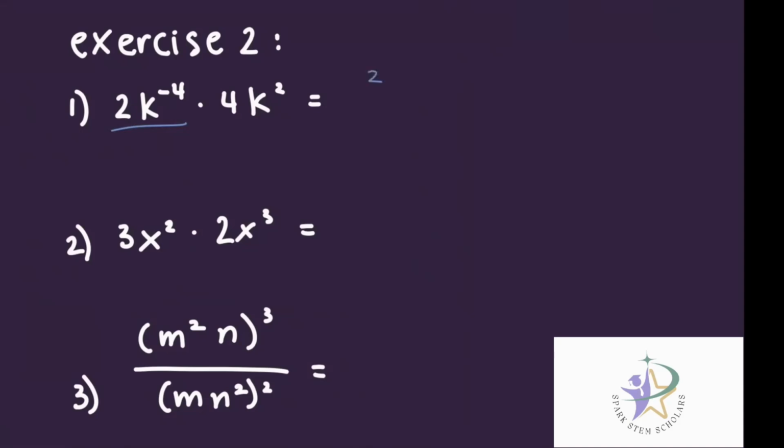So since 2 is non-negative, it's just 2 over k to the 4th times 4k squared. And if you multiply that, then you have 8k squared over k to the 4th.